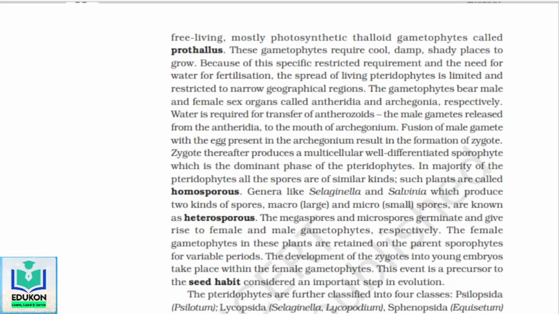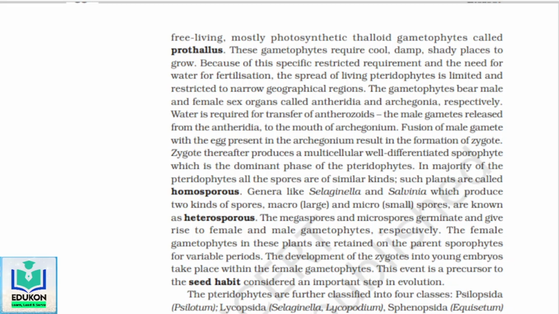The female gametophytes in these plants are retained on the parent sporophytes for variable periods, that is, for a certain amount of time. The development of zygotes into young embryos takes place within the female gametophytes, and this event is a precursor to the seed habit, considered an important step in evolution.